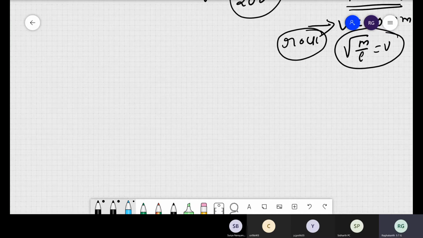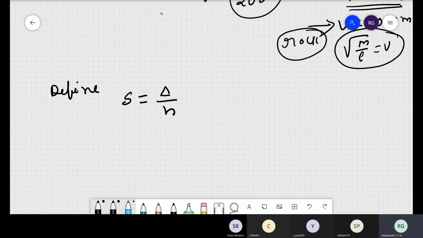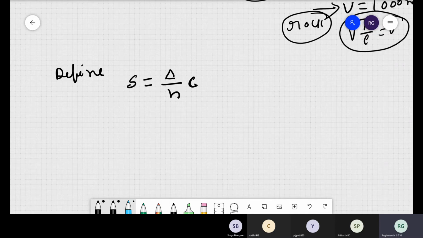If we define s as delta t by h times c, then s2 as sine half kh.